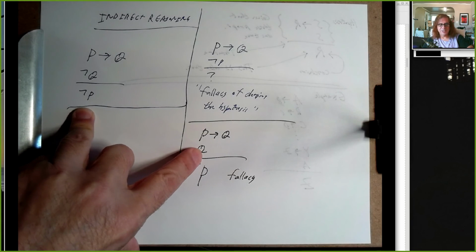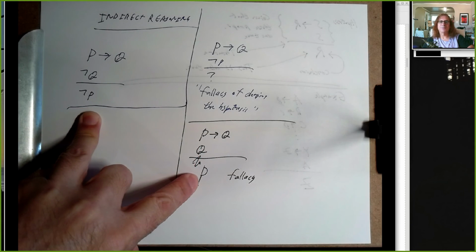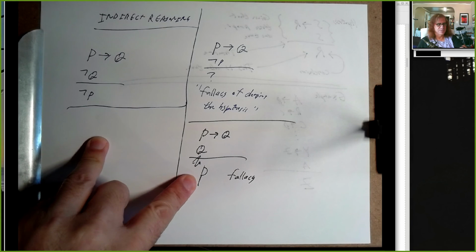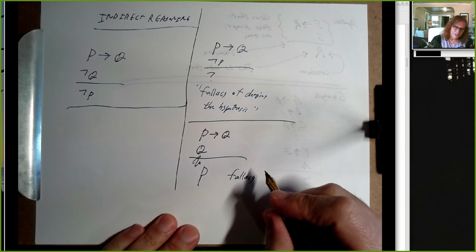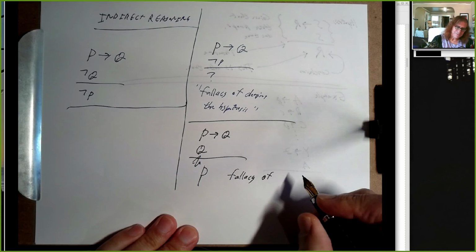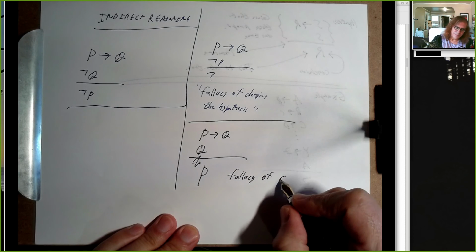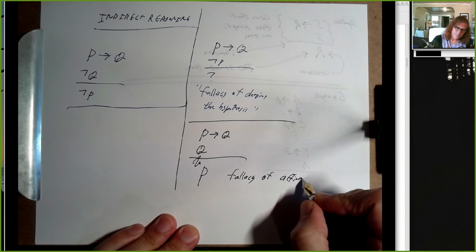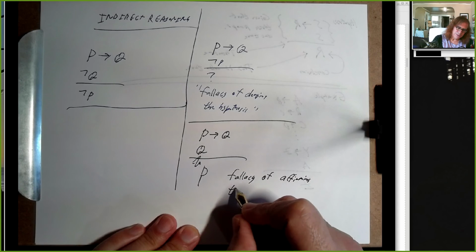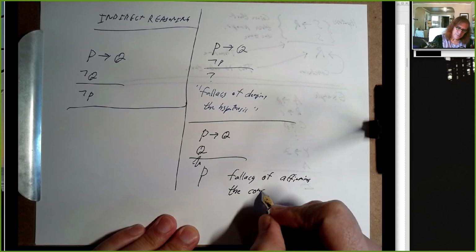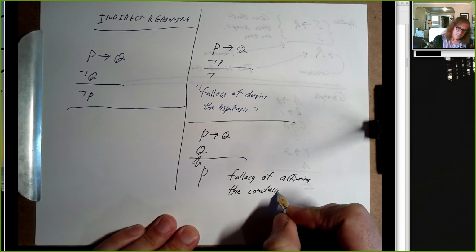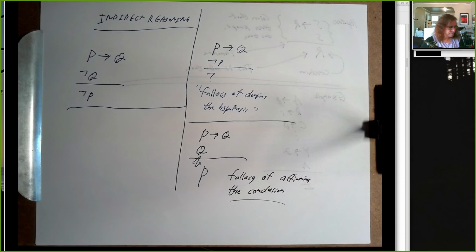I'm still teaching at Clark, therefore I must have won the lottery. Makes no sense. So this is called the fallacy of affirming the conclusion. So we'll play with fallacies in a little bit too, but that's just the flip side of detachment and indirect reasoning.